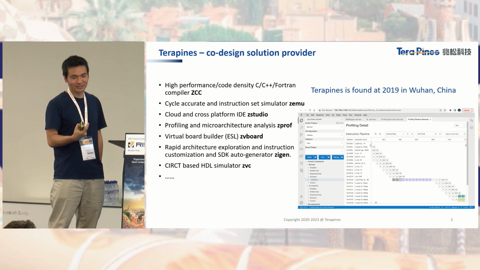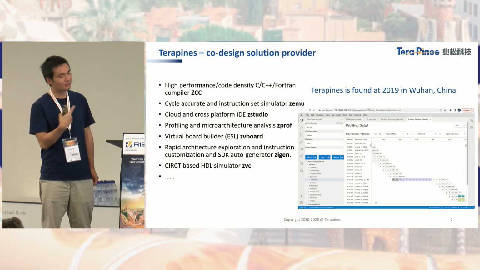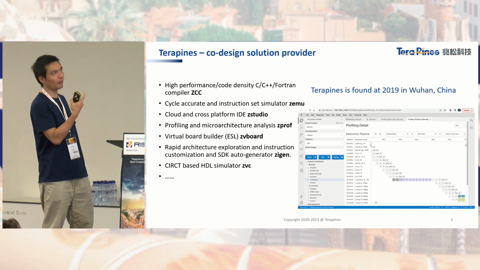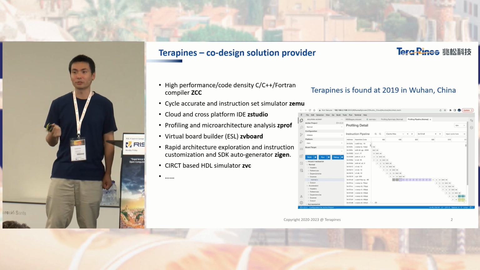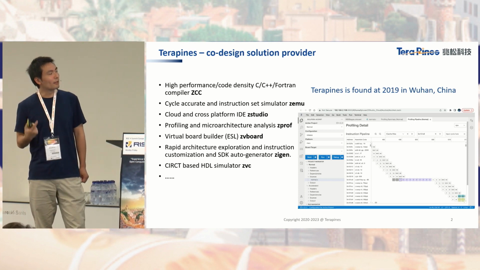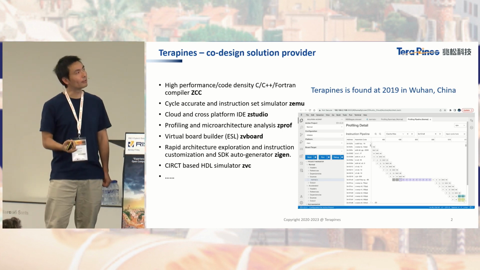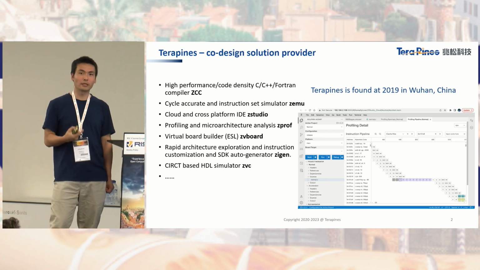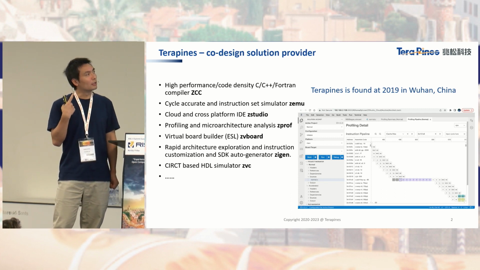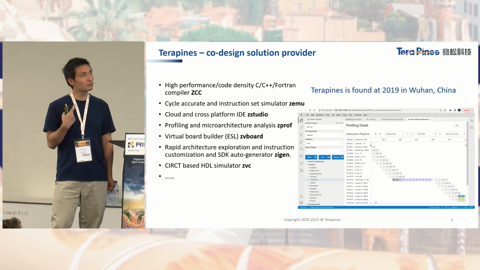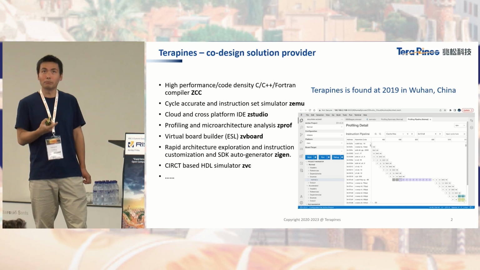We have tools for co-design solutions. Basically, we have a high performance and high code density compiler for C, C++, and Fortran. For example, we benchmarked our compiler against open source LLVM and GCC. It shows that we got on average 15% better code size density in the IoT benchmark.